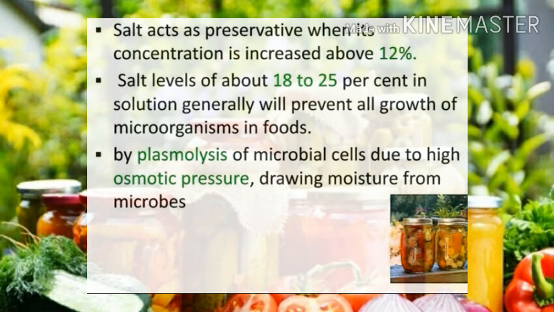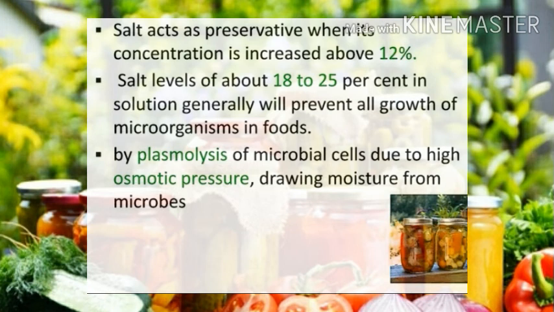If the concentration of salt is above 12%, it's the process of salting. A salt level of about 18 to 25% in solution generally will prevent all growth of microorganisms in food, by plasmolysis of microbial cells due to high osmotic pressure.